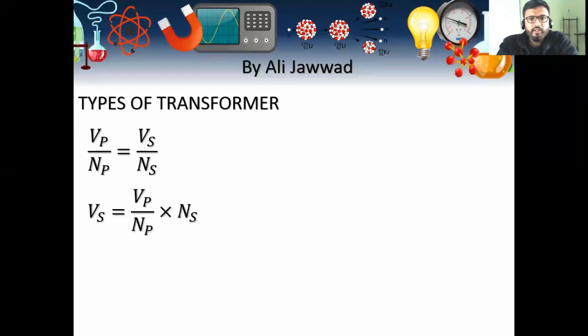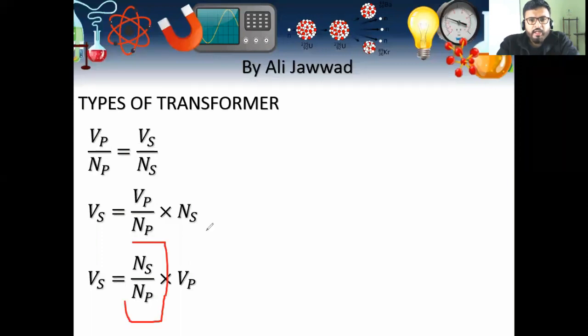So the number of turns from the left hand side has gone and has been rearranged in such a manner. Now we can also write the formula with Ns over Np. This is known as the turn ratio.